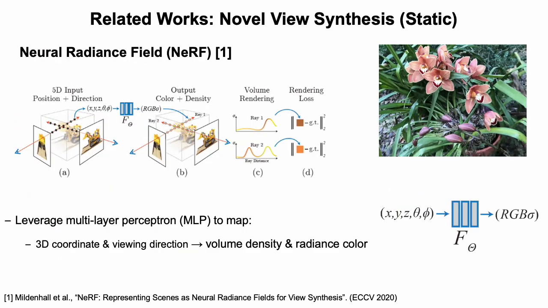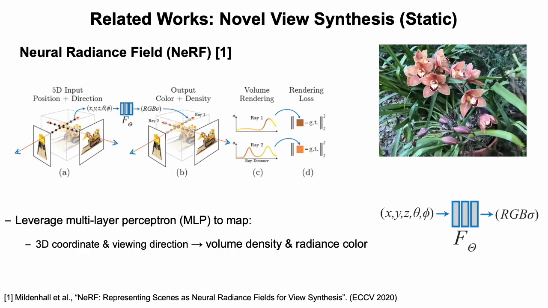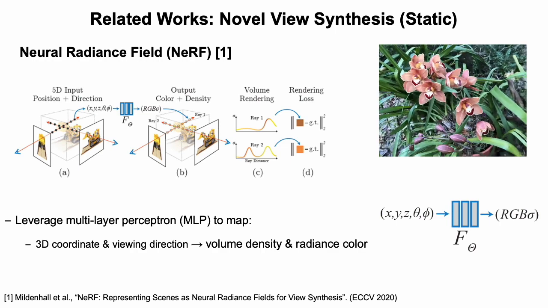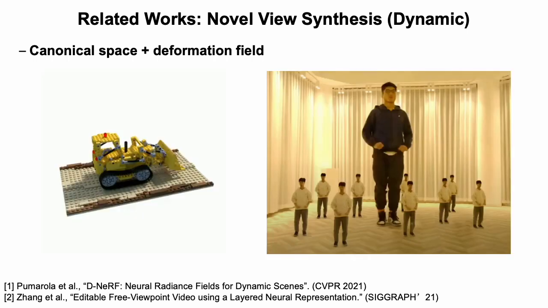Utilizing multi-layer perceptrons to map 3D coordinates and viewing direction to volume density and radiance color, neural radiance fields have achieved photorealistic novel view synthesis. To allow NeRFs to model dynamics, early approaches used MLPs to model a deformation field that maps all 4D spatio-temporal points to a canonical space and a network to render the scene from this canonical space.